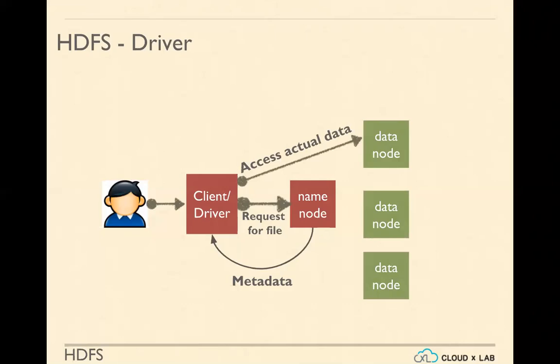It's up to this driver whether to read all the blocks in parallel at the same time or read the data sequentially. If you want to build a high performance system, you can make it really fast. You can read the data from all the blocks from all the machines simultaneously, and also locate the data node which is nearer.